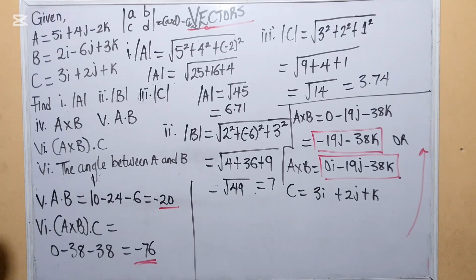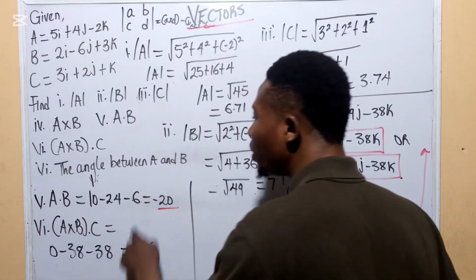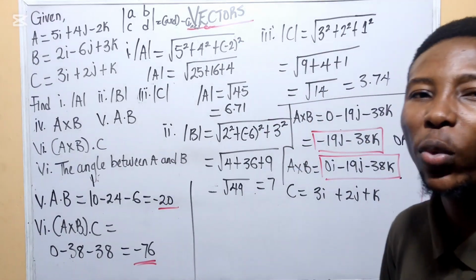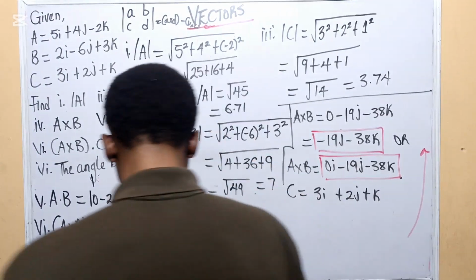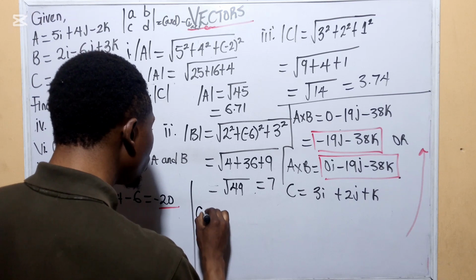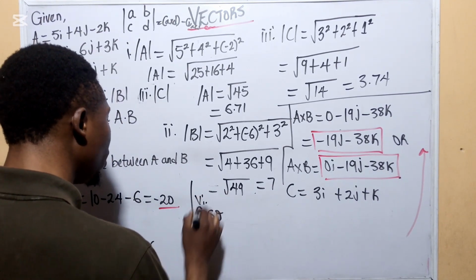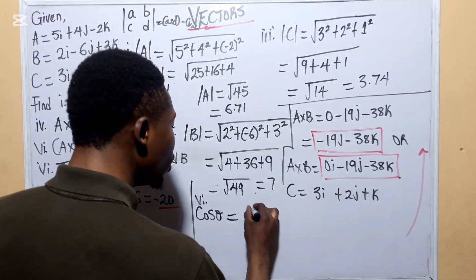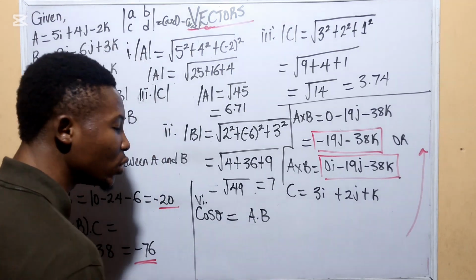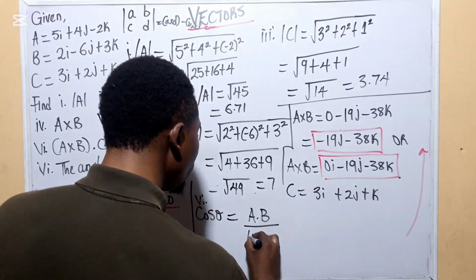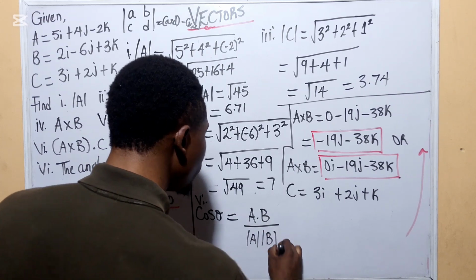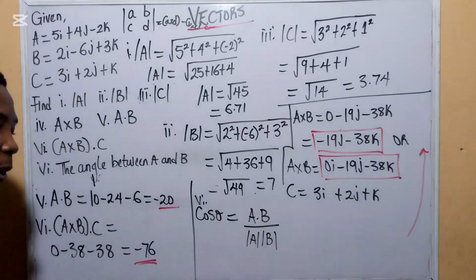Now, the next one we're asked to find is the angle between A and B. Now, how do we find the angle between A and B? Now, for you to find your angle, we use cos theta. So cos theta is equal to the dot product between the vectors over the multiplication of the magnitudes of the two vectors.